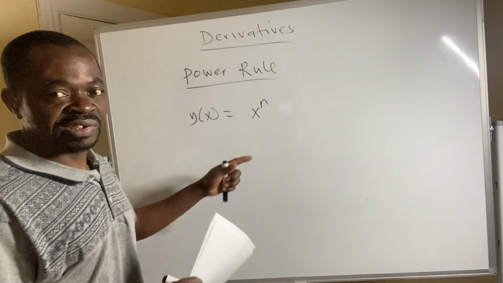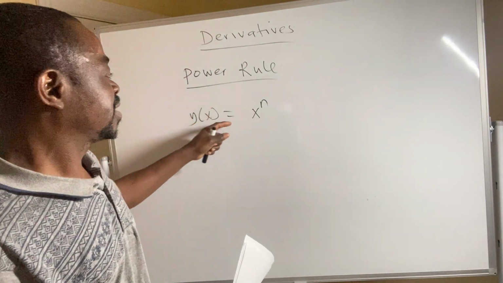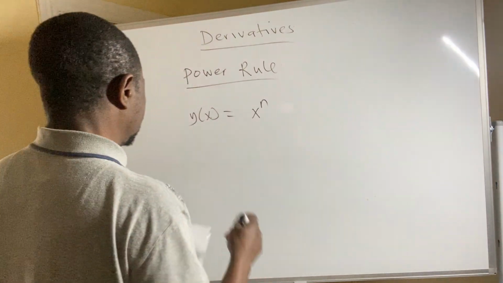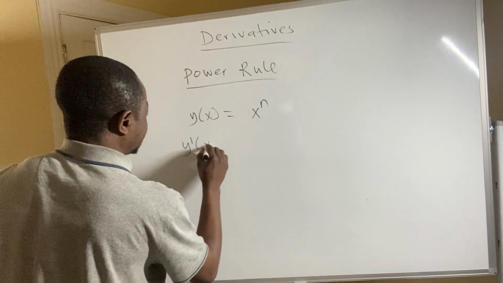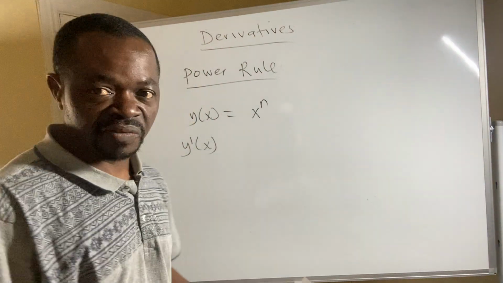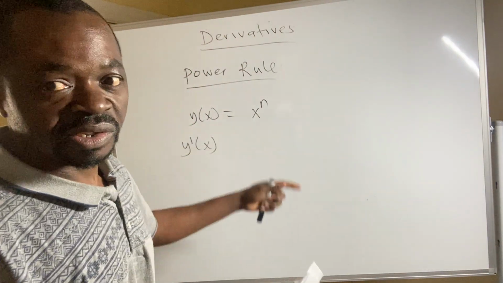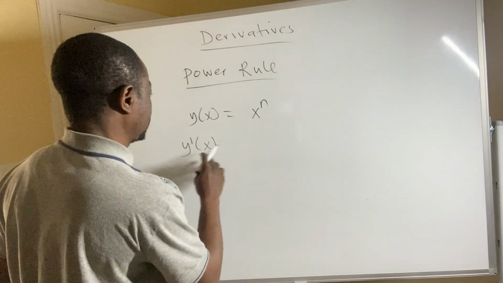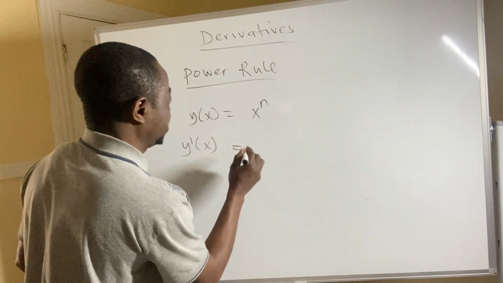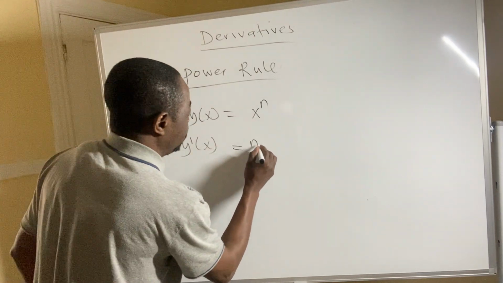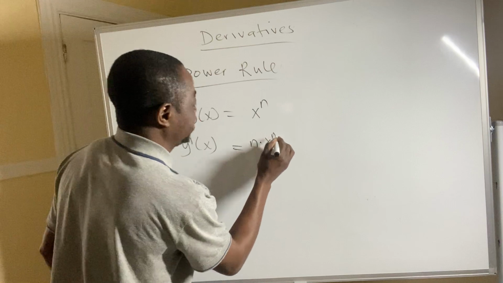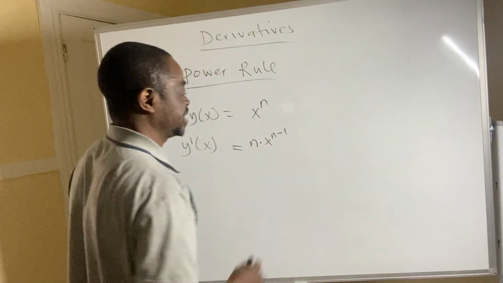So if you are to differentiate an equation like this using the power rule, first of all, say y prime of x. The y prime means you are differentiating, or you are getting the derivatives of this equation. So y prime of x is equal to x raised to the power n. The power rule says you bring down the power, multiply by the coefficient of x, then reduce the power by 1, which is n minus 1.